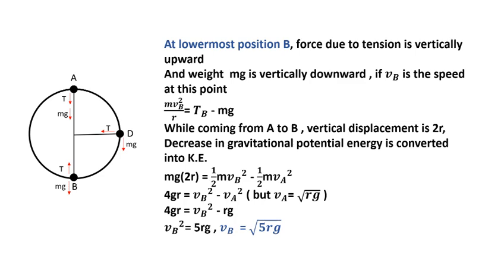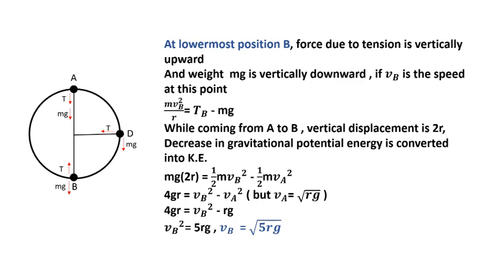So the change in potential energy mg into 2r is equal to the change in kinetic energy between the two positions: mg into 2r is equal to 1 by 2 mvb square minus 1 by 2 mva square. m gets cancelled, so 4gr is equal to vb square minus va square.